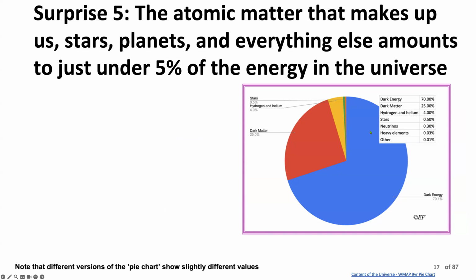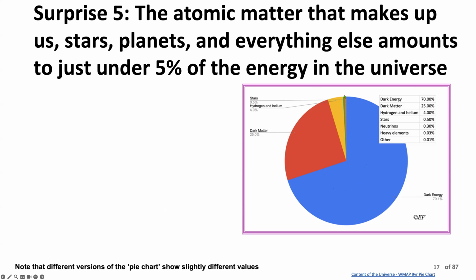And we have multiple ways to measure this. So we call this factual because we can confirm these numbers as properties of our universe. The blue segment, the biggest one, is dark energy. Roughly 70% of all the energy in the universe is dark energy. Dark matter takes up a huge sector, 25%. Right here is hydrogen and helium that's not in the form of stars. It's just gas floating around.